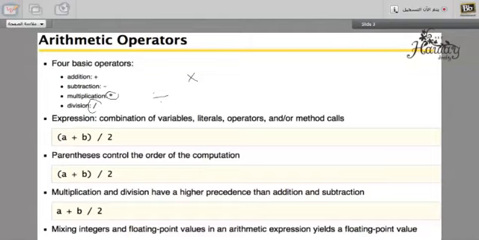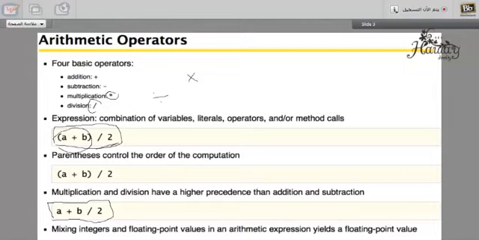Now if we are given this expression, a plus b divided by 2, what Java will do for us, it will add a and b and divide them by 2. Now, if we have this expression, okay, what will happen? Can you tell me what will happen if we just have a plus b divided by 2?